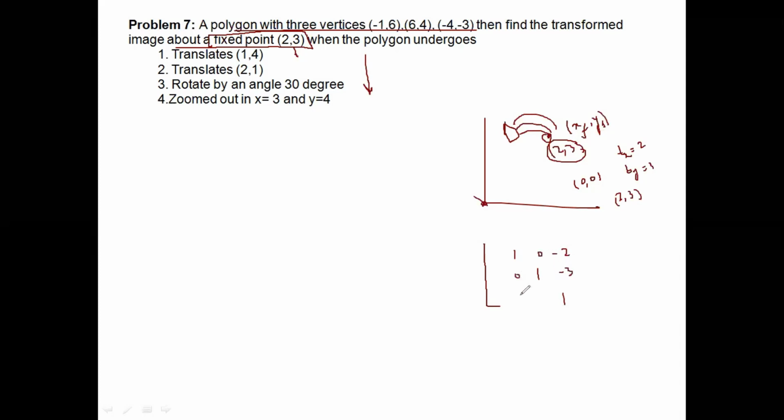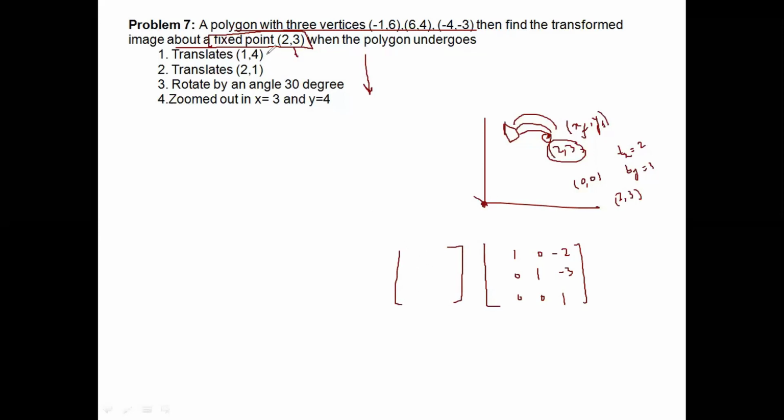I'm directly writing the matrices now. Now the point is brought back to the origin, and all the transformations, one after another, will take place with respect to the origin. First, the translation.